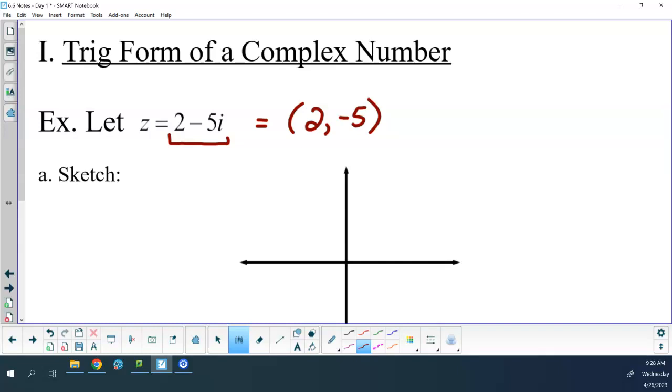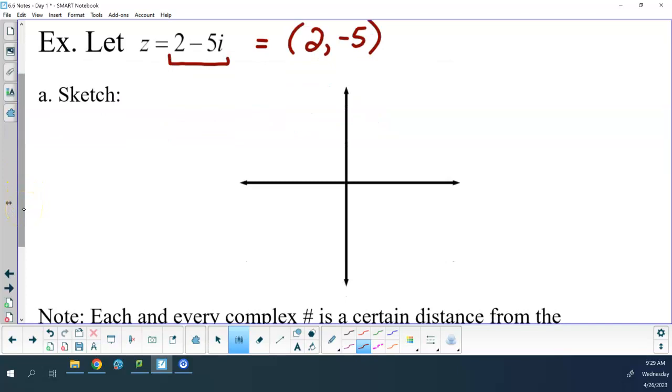That is the point in the complex plane: real, comma, imaginary. If I were to sketch said point, that would be 2 over and 5 down, so this point right there, where this is the real and this is the imaginary.